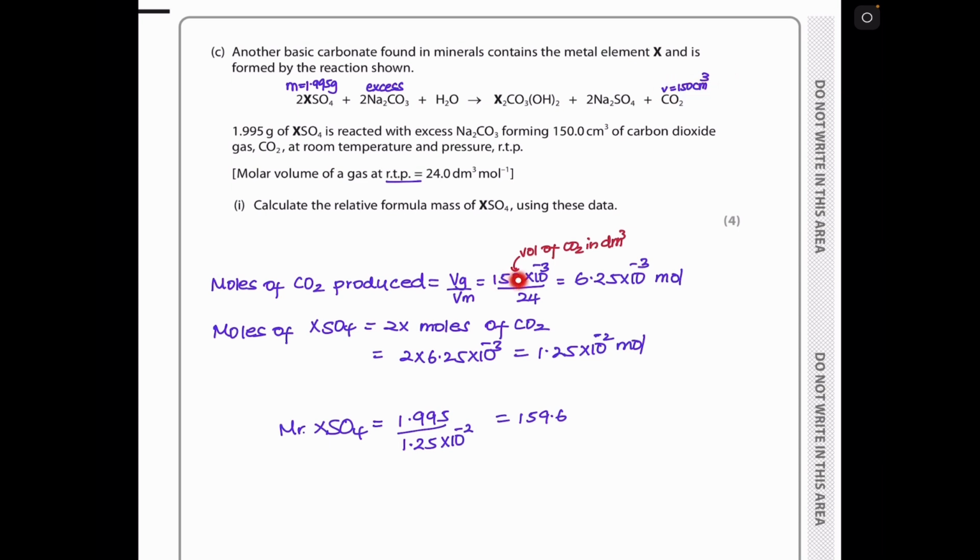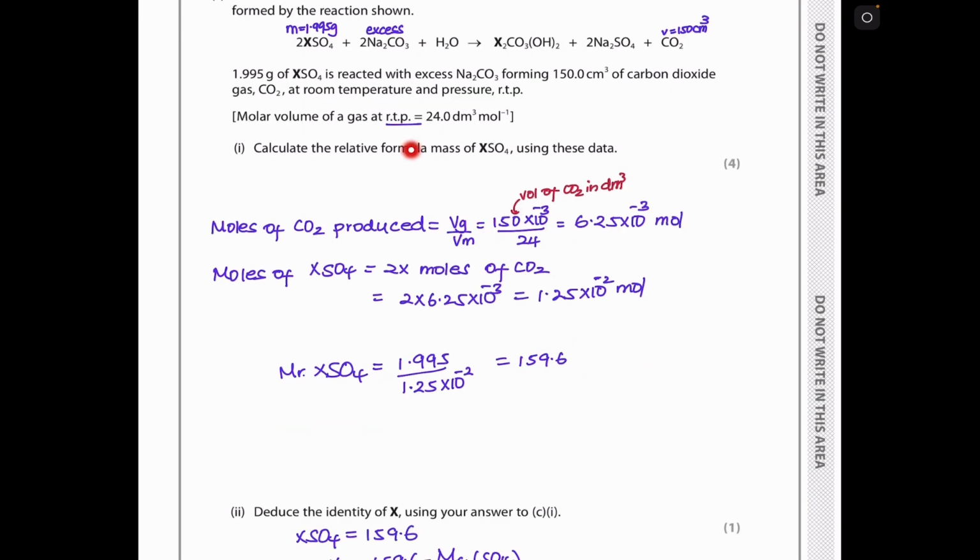So 150 times 10 to the power negative 3 in decimeters cubed divided by 24 gives me the number of moles of carbon dioxide. So the moles of the metal sulfate are going to be twice the moles of carbon dioxide, since the ratio is 1 to 2, which is 1.25 times 10 to the power negative 2 mole.